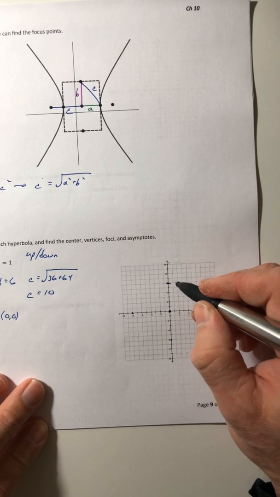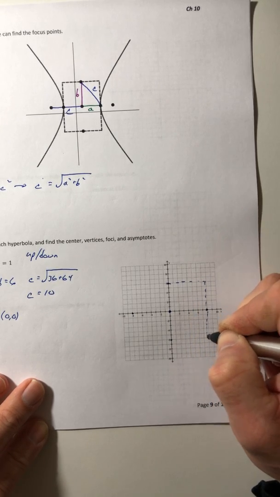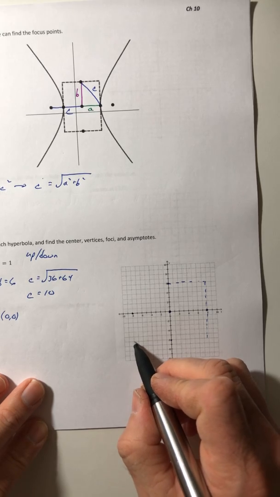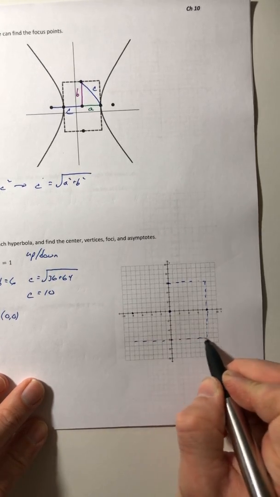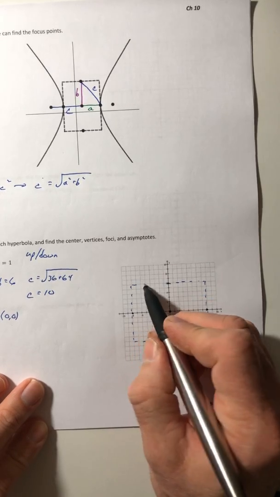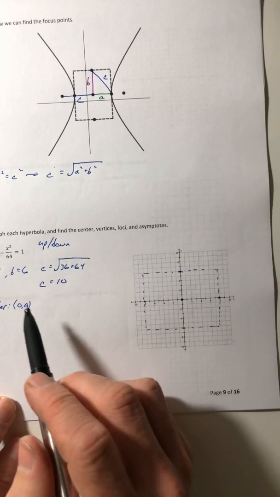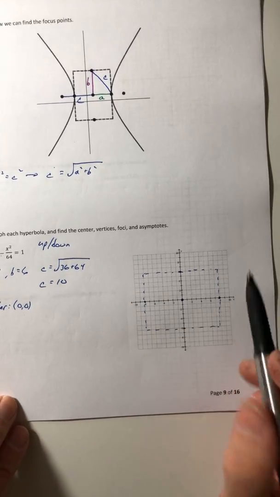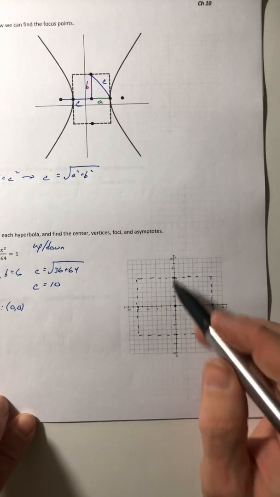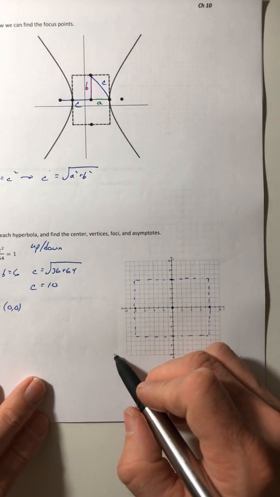We're going to make a nice box. I know it's pretty exciting to watch this. Left and right by 8, up and down both by 6, and then you can put in your asymptotes, just go corner to corner right through the center.